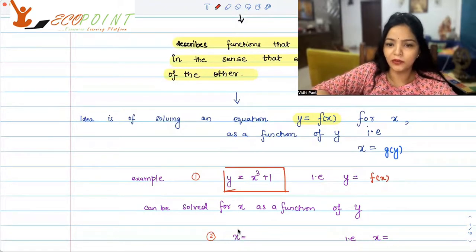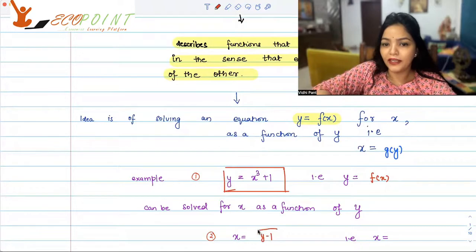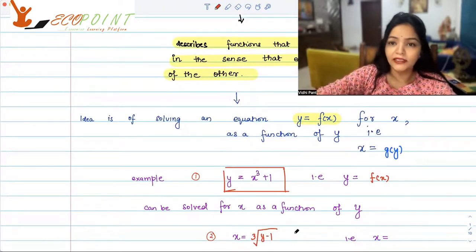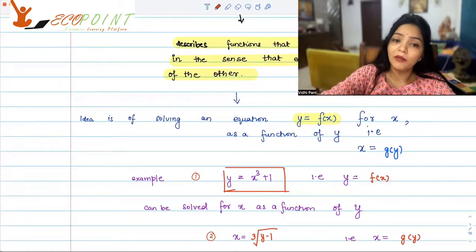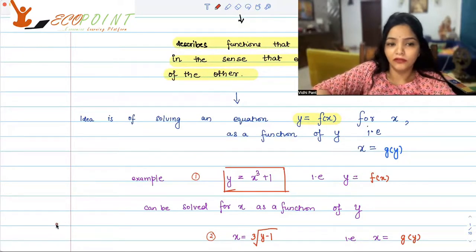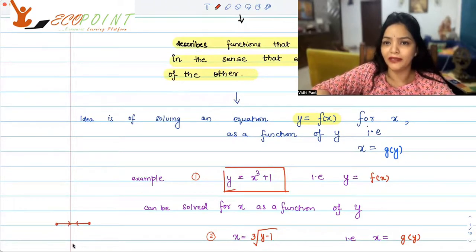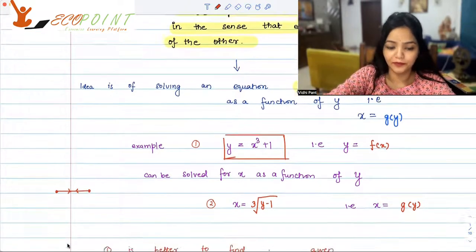From here I know that x cubed will be y minus 1. And if I take the cube root of y minus 1, I will get x, which means I am able to get x as a function of y. So we are able to move from here to here and from here back to here.